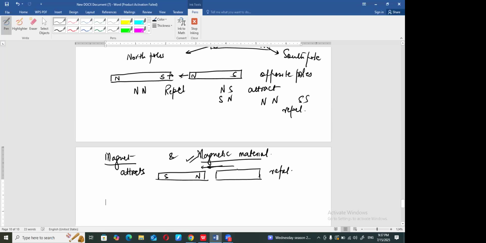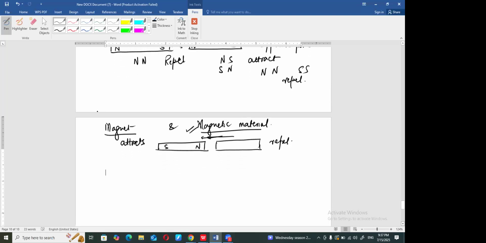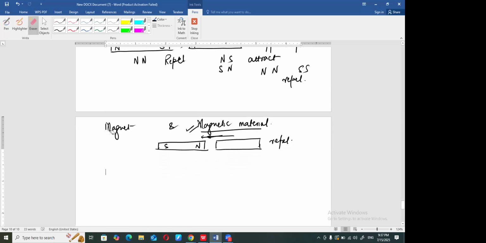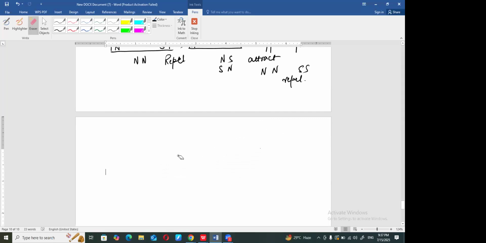So, magnet and magnetic material, right? Now, a magnet has a magnetic field around it. That is very interesting. A magnetic field is an area around a magnet in which a magnet will attract, or you can say repel, the other magnet.